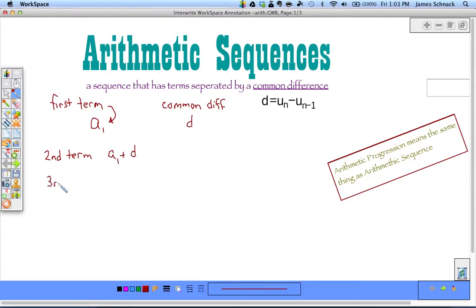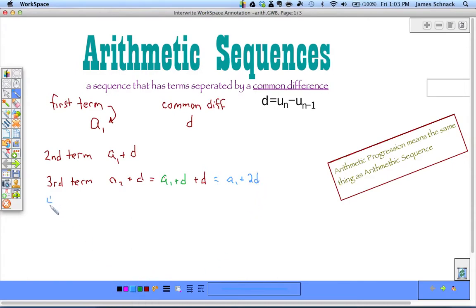How about the third term? Well, that would be the second term, A2, plus the common difference. I'm going through this recursively right now. Well, the first term was really A1 plus D. And if I add another D, isn't that really the same thing as A1 plus 2D?